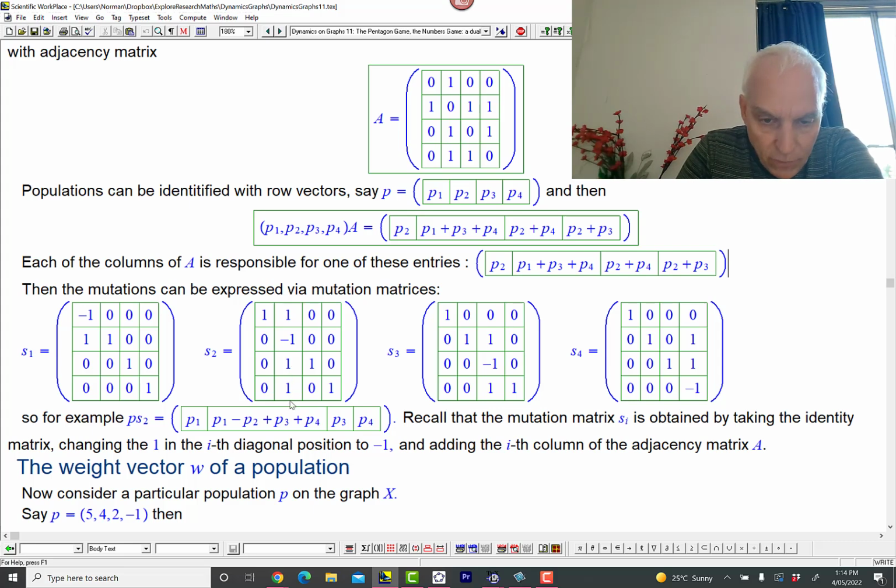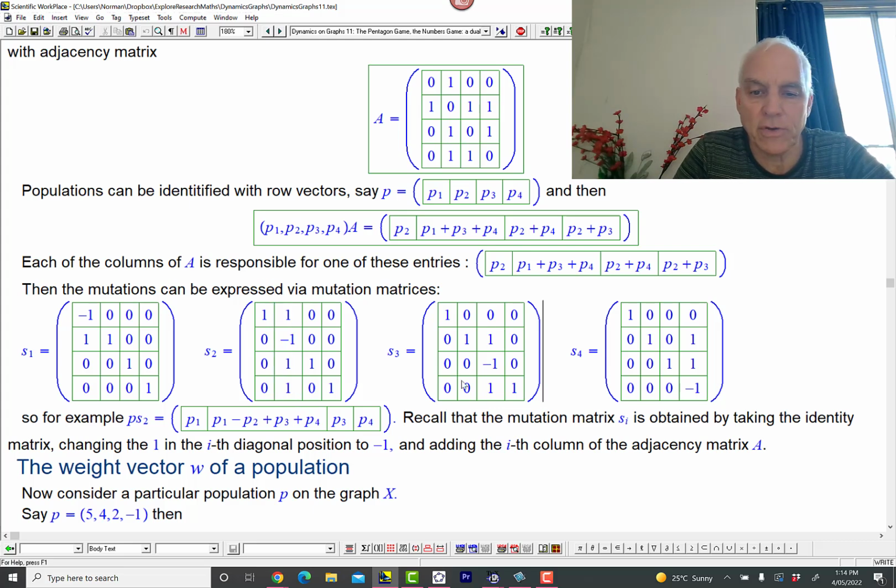Then you also change the elements in that corresponding column through that diagonal entry by looking at the adjacency matrix, picking out that second column, and adding that second column to what you have here. So there are various zeros that were there, and those zeros have been replaced with 1s.